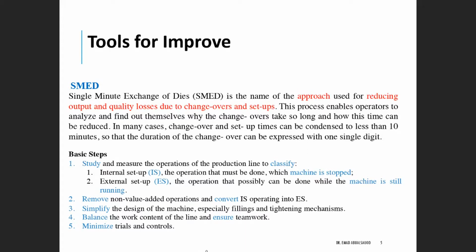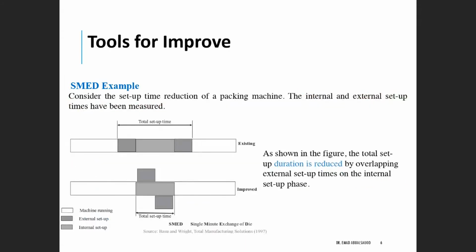the purpose of SMED. For example, here in the figure, we have a packing machine, and the internal and external setups are demonstrated in the total setup time, which is the existing status. The internal setups are in the light gray in the middle here, and the external, which is done while the machine is running, is in the dark gray.